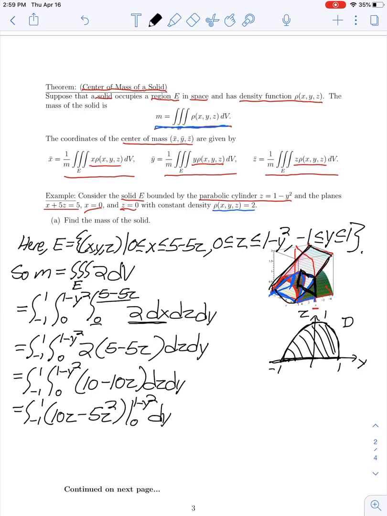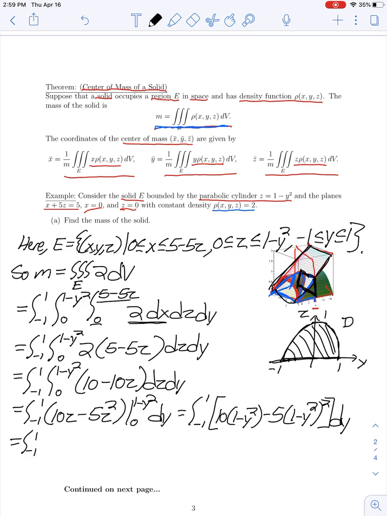So let's see what we get. When we substitute this in, we have the integral from -1 to 1 of 10 times 1 minus y squared minus 5 times 1 minus y squared quantity squared minus 0, and then integrating with respect to y. So to evaluate this, we could expand, and let's see what we have.